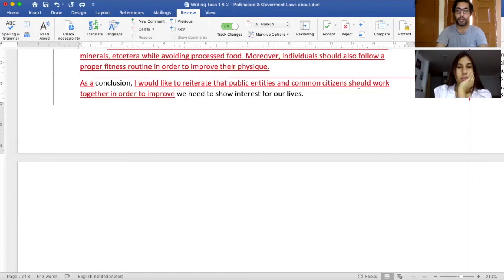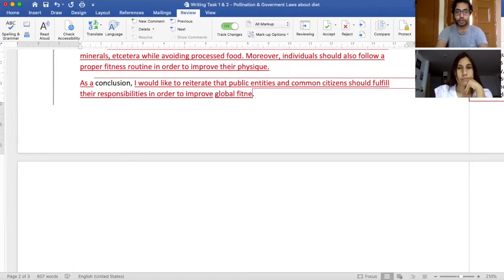Common citizens should fulfill their responsibilities in order to improve fitness standards across the society, or in order to improve global fitness standards.